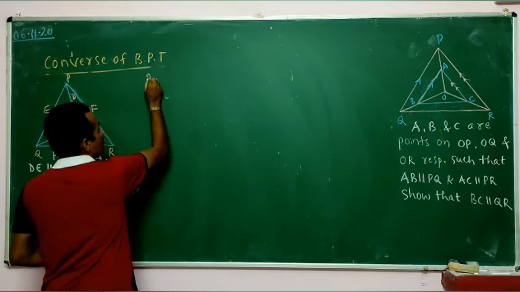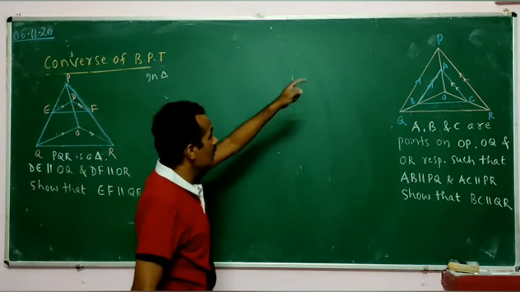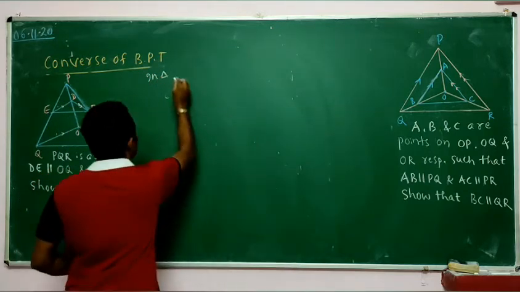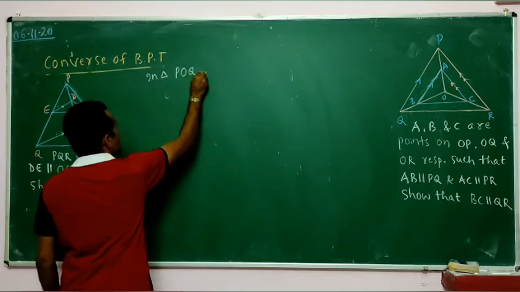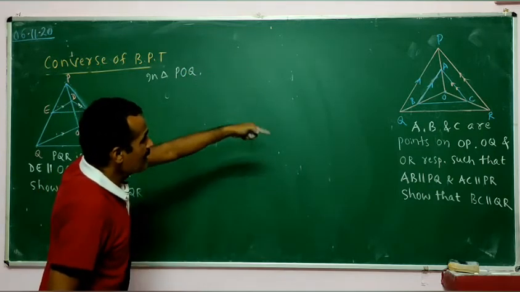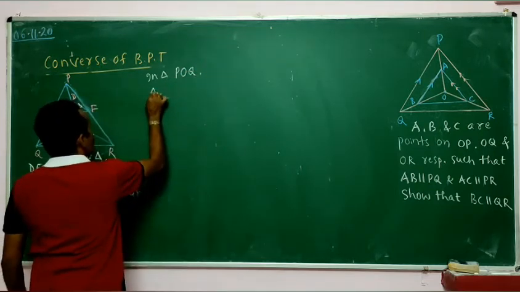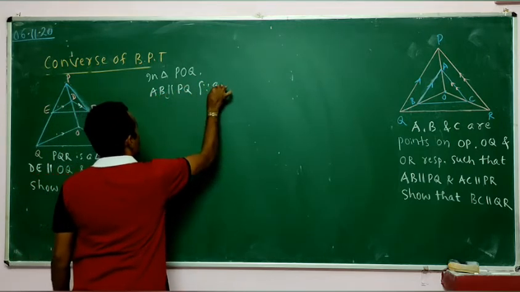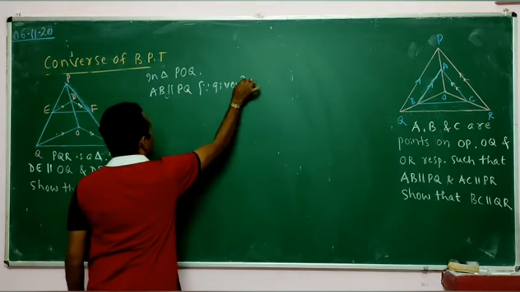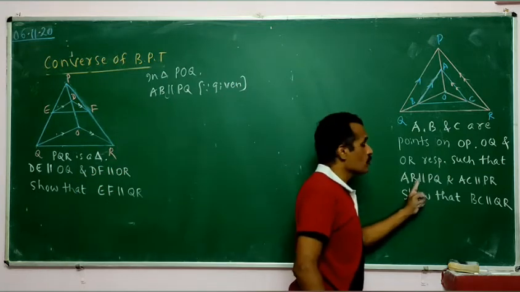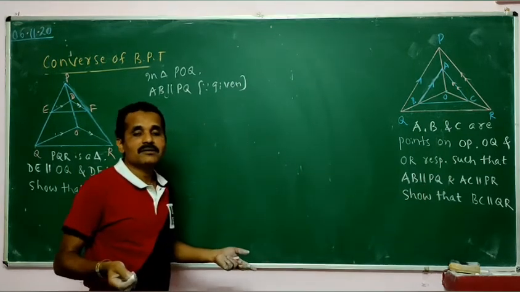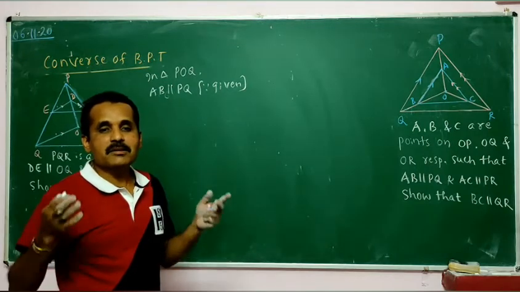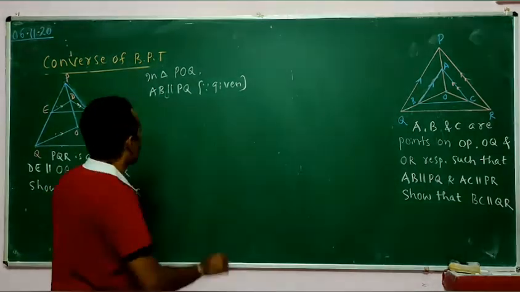Which triangle do I have to choose first? In triangle POQ, AB is parallel to PQ. This is because it is given that AB is parallel to PQ. Parallels are given, so you can easily apply BPT.